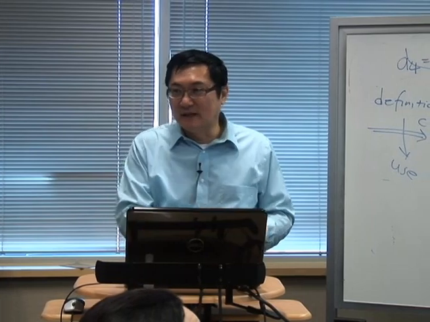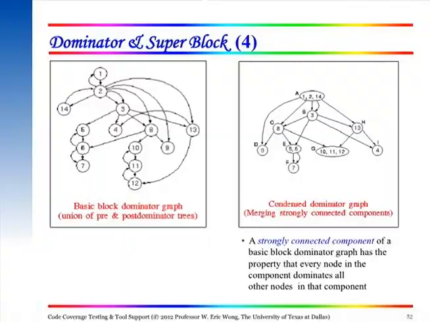Superblock is what we just explained. Can anyone think of the name for this kind of node? That means if I reach 1, there is a path to everyone else. Loop, not really. Root. It's called a strongly connected component.